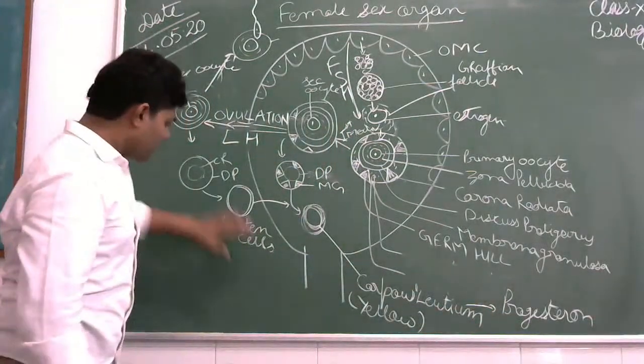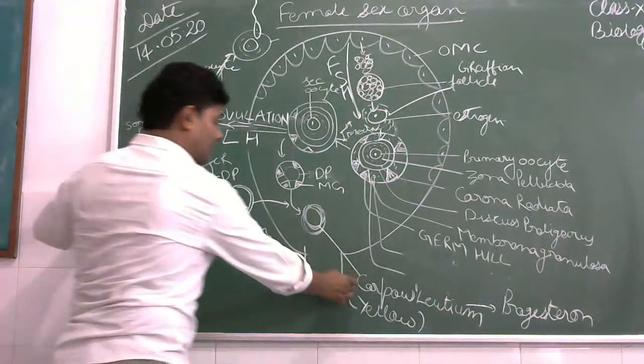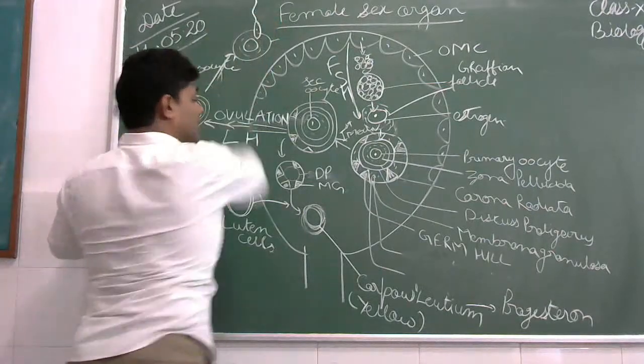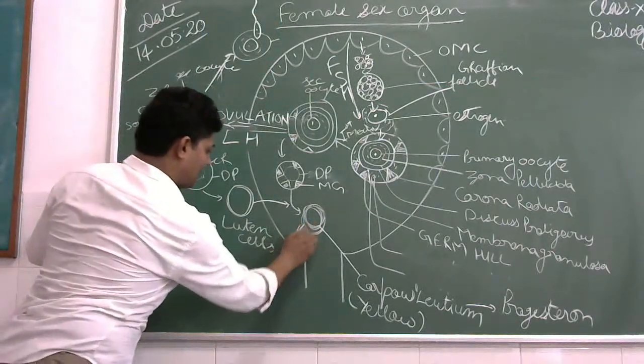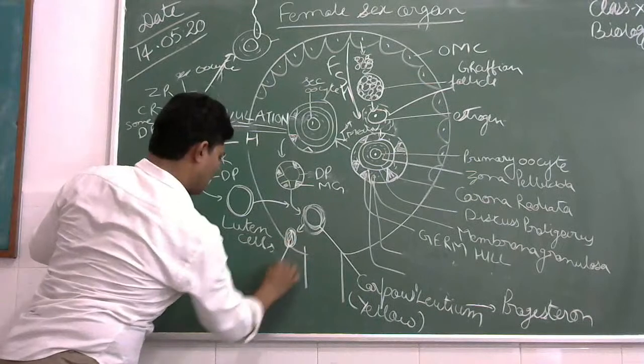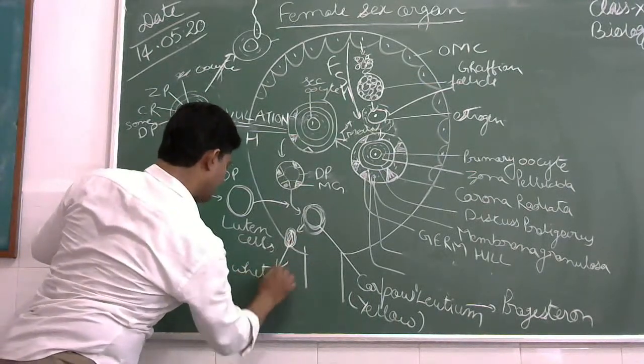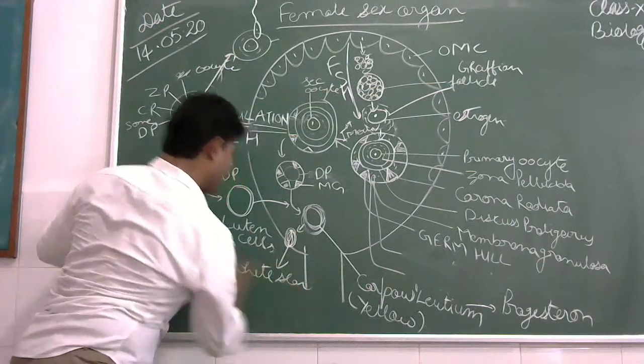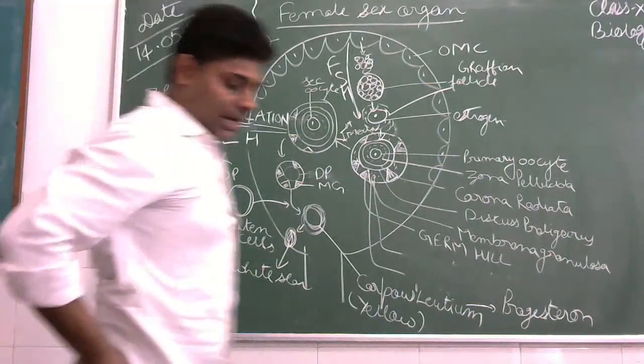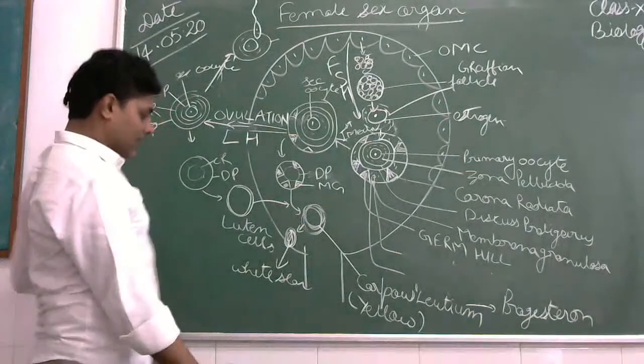So by this, we can know the pregnancy. The next thing, if fertilization does not occur, then what happens? It becomes a white scar, and that is termed as corpus albicans.